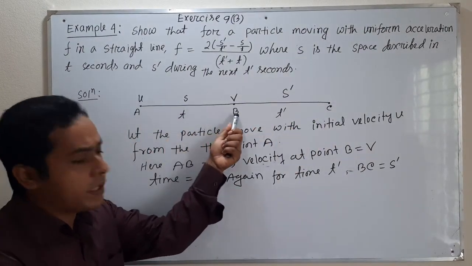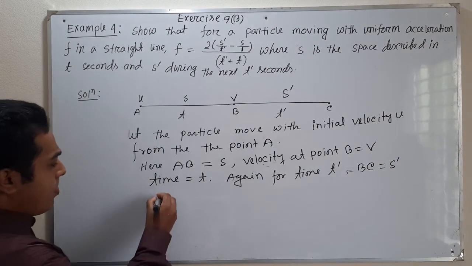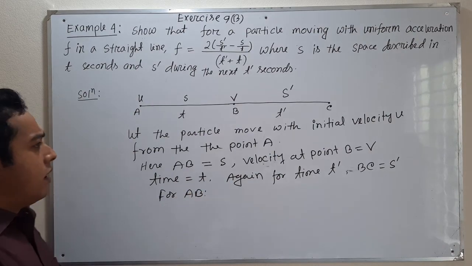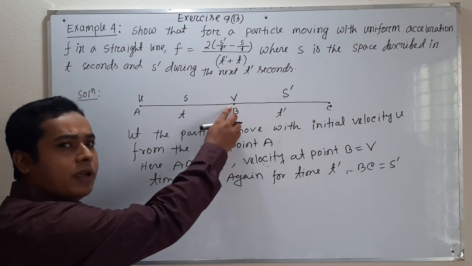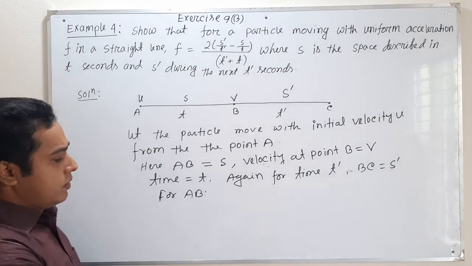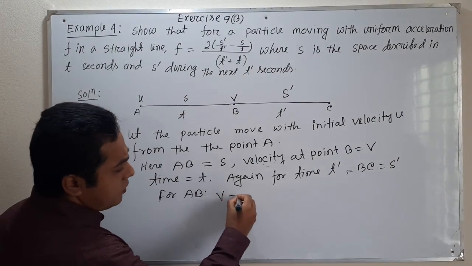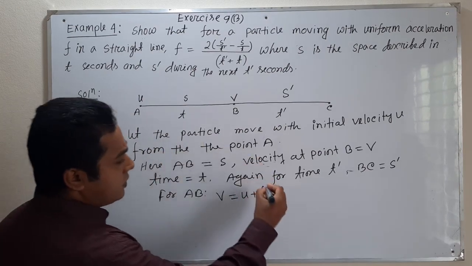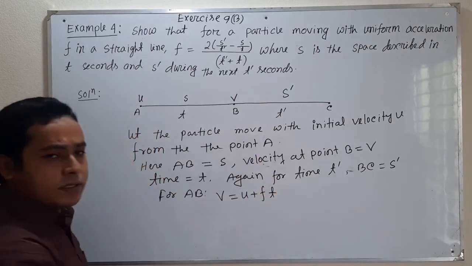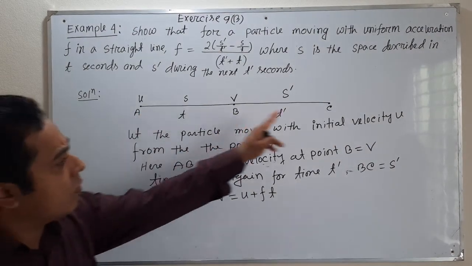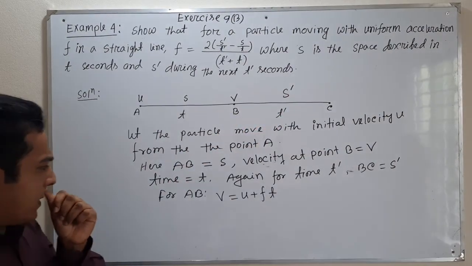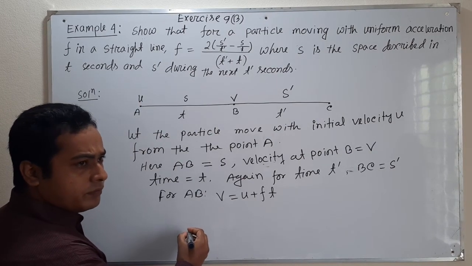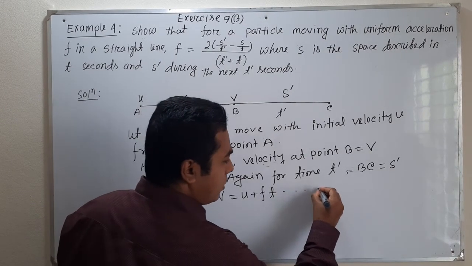At first for AB, the terminal or final velocity v is equal to u plus ft, because f is a uniform acceleration for the whole journey. This is equation 1.